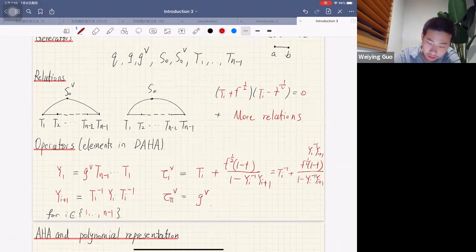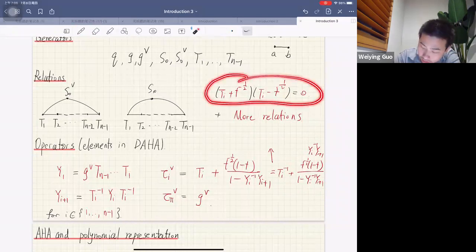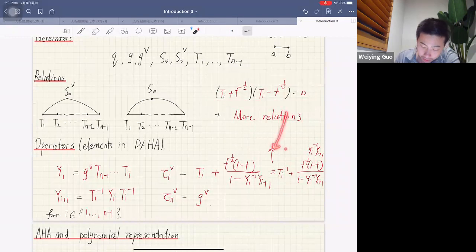Sometimes this is quite useful inside the double affine Hecke algebra. This can be obtained by writing Ti using the relation just here, and we can apply this to get the inverse relation, which sometimes can be useful in computation.